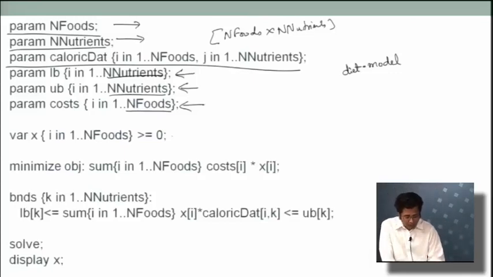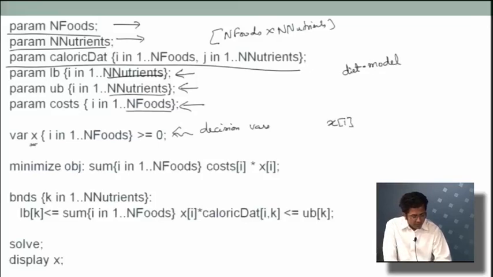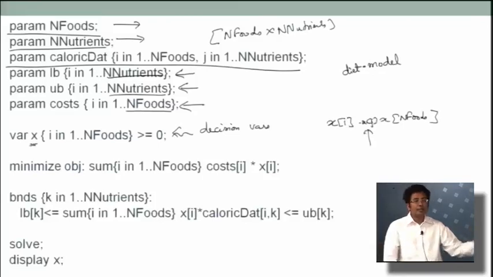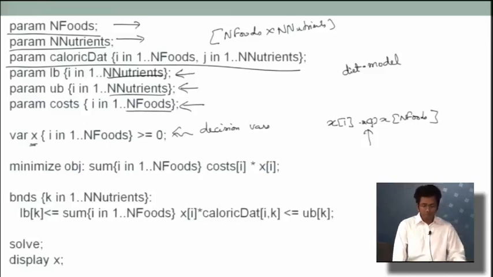Okay. Now we instantiate our decision variables. This says you instantiate variables x1 through x n foods, where xj tells me how much of the jth food should I be eating in the optimal solution.